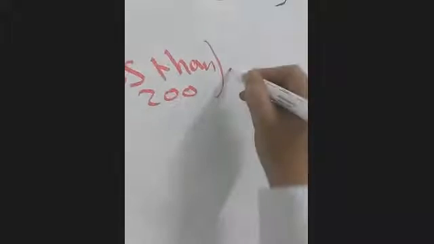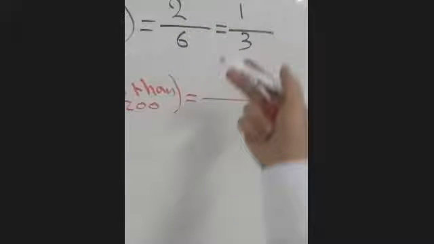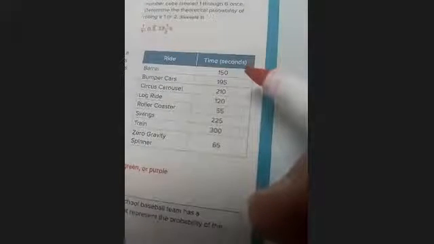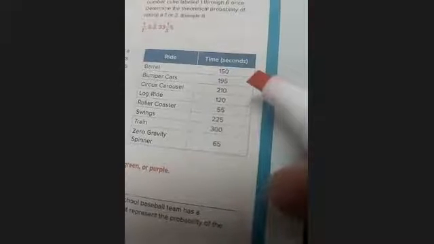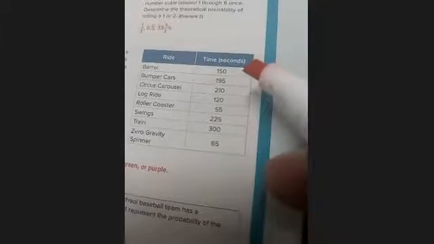I will ask myself a question now: how many rides do we have less than 200? The first one, yes, less than 200. The second, less than 200, so we have 2.